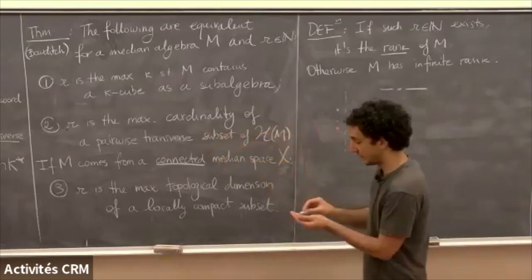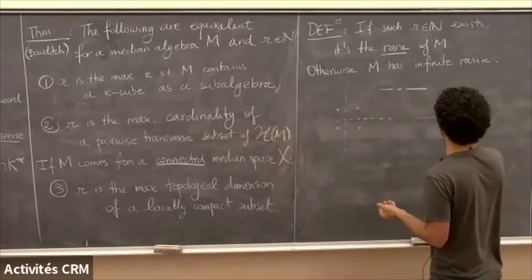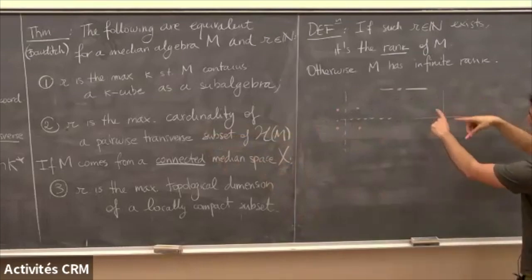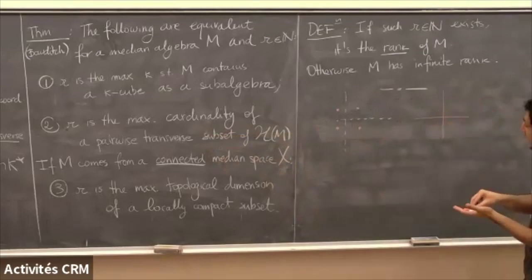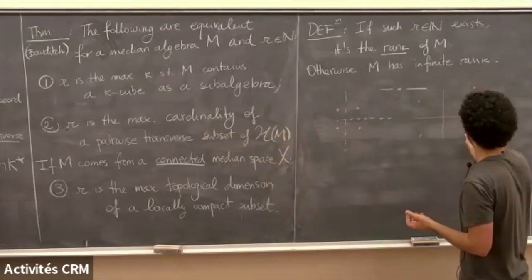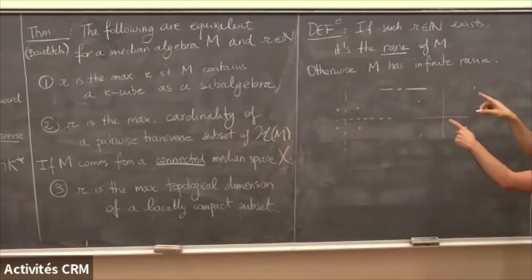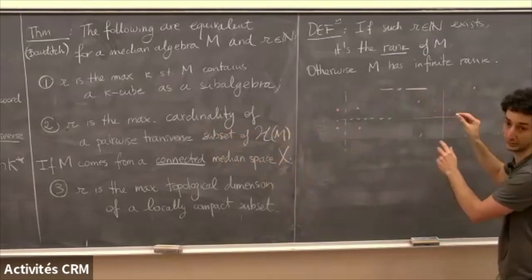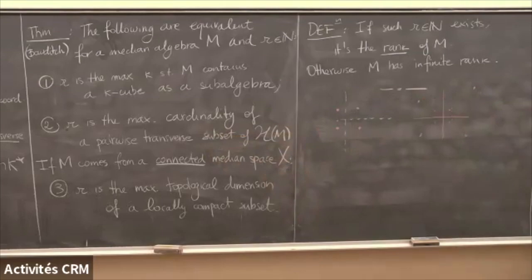Going the other way, if you have 4 half spaces that are transverse, you pick some points in the 4 sectors and apply medians until they stabilize onto an actual subalgebra that looks like a square. So this is all quite simple.